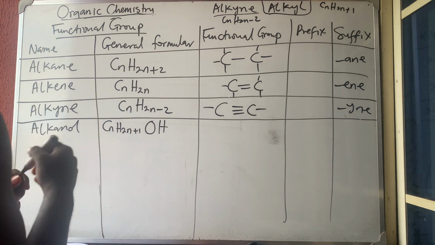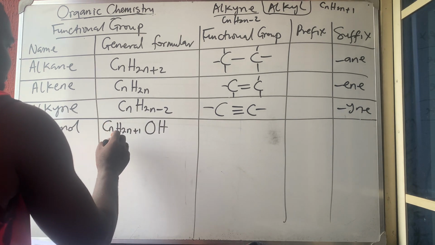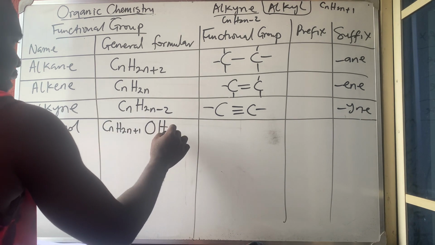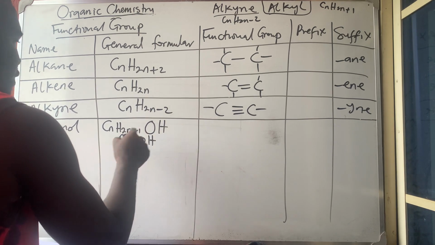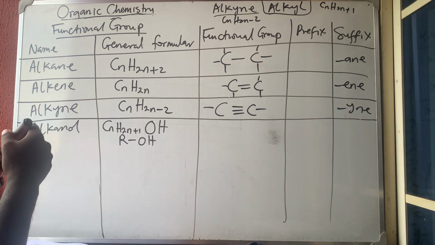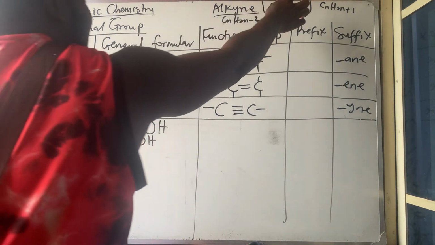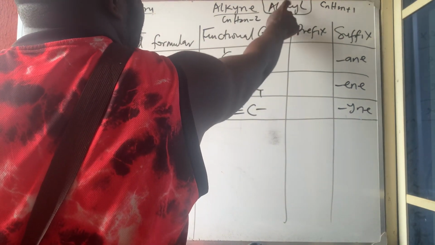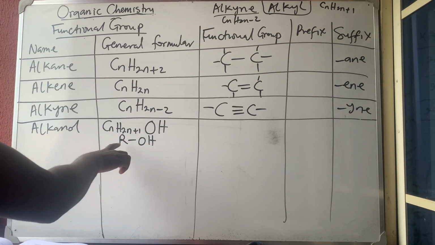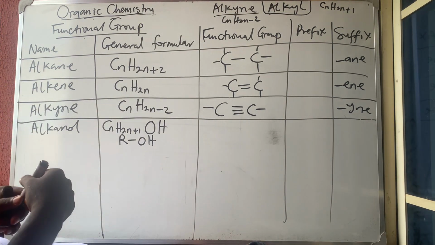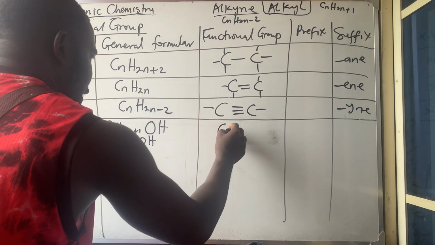Sometimes if you don't want to write it like this, you can easily write it as R, then put your dash and your OH. R represents the alkyl. Sorry, I said alkyne by mistake; it is always the alkyl. So this is the alkyl plus the OH group, and their functional group is the OH.